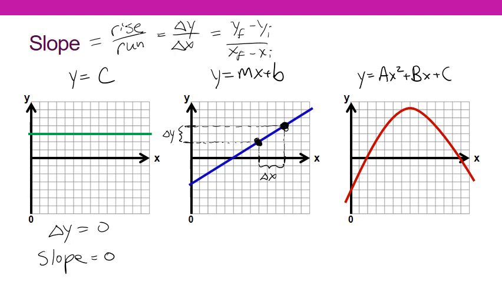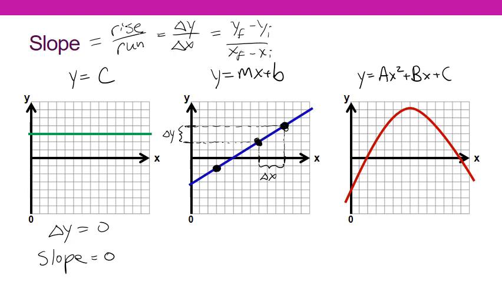But since it's a straight line, we know that we can pick any point on this graph, and it's going to have the same slope, the same tangent line. So if we drew a line through that point tangent to this blue line, it would exactly run along the blue line. And so for a straight line graph, for a linear relationship, my average value is equal to my instantaneous value.